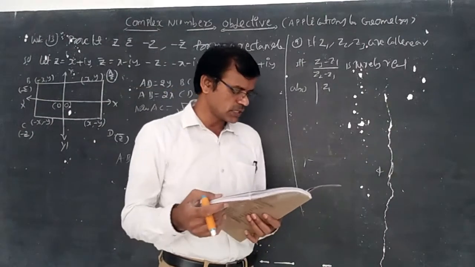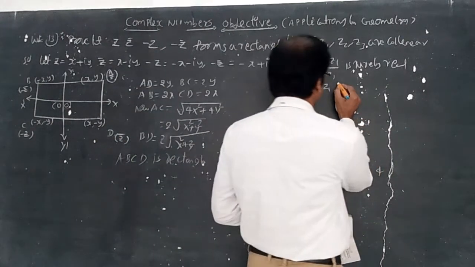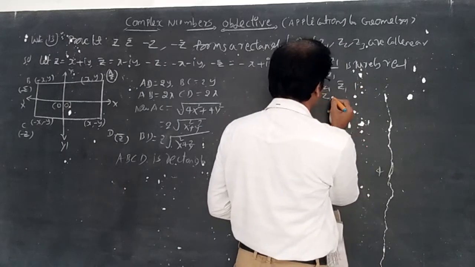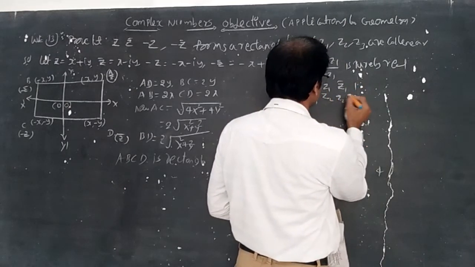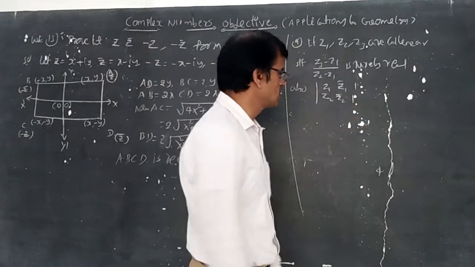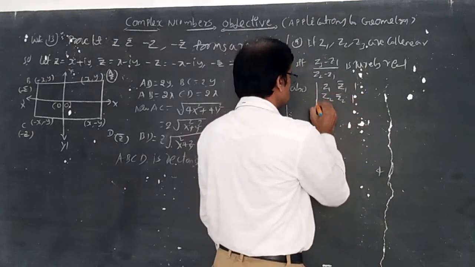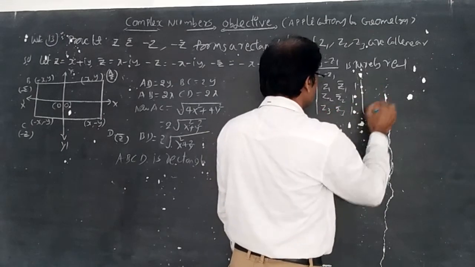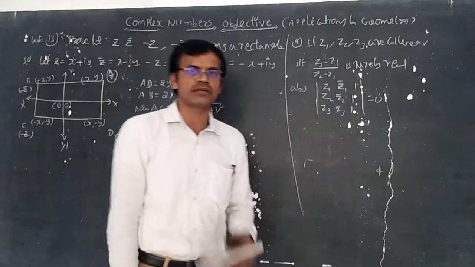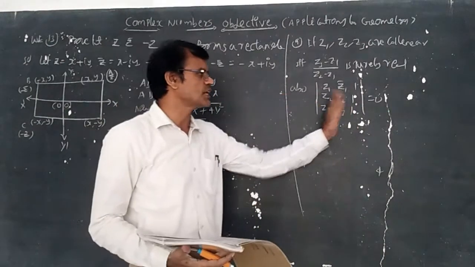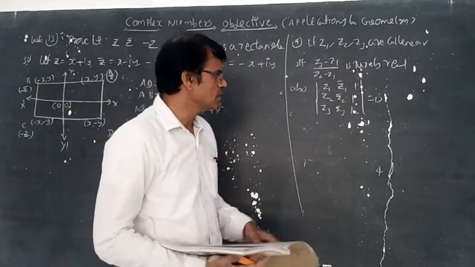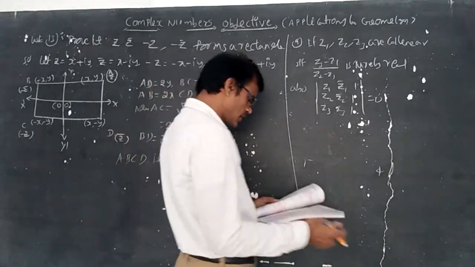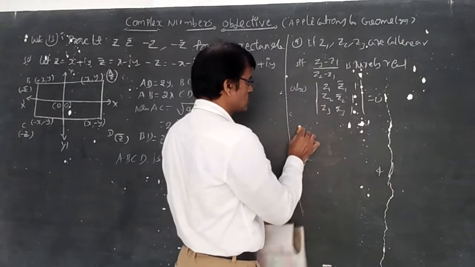Therefore, according to this geometrical theory, the determinant with rows z1, z1 bar, 1; z2, z2 bar, 1; z3, z3 bar, 1 is equal to 0. This determinant of conjugates along with 1 is nothing but the area of the triangle, which is equal to 0.